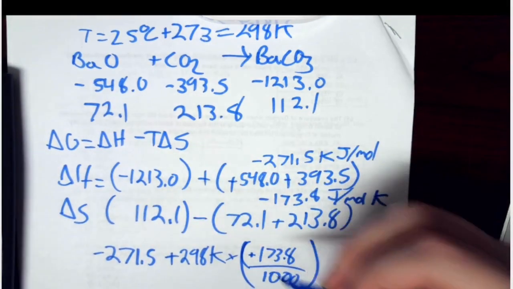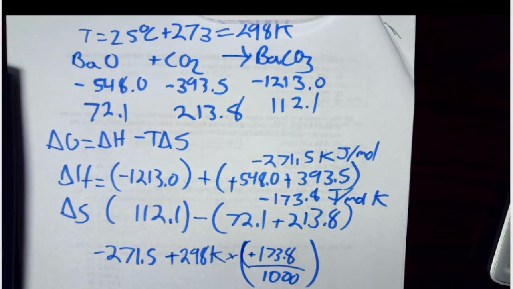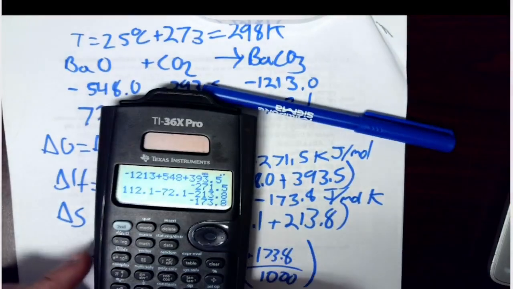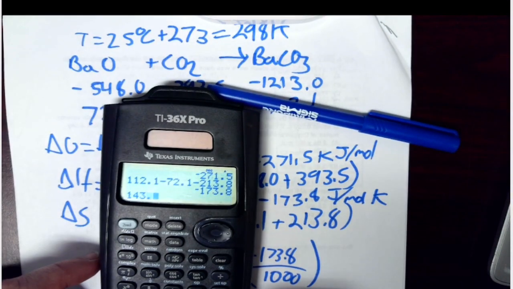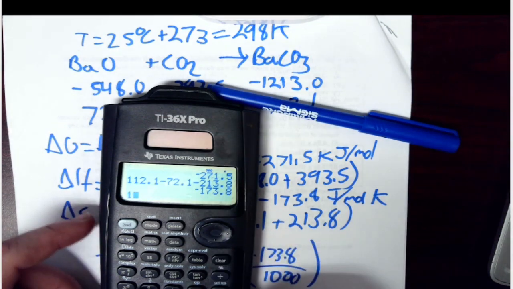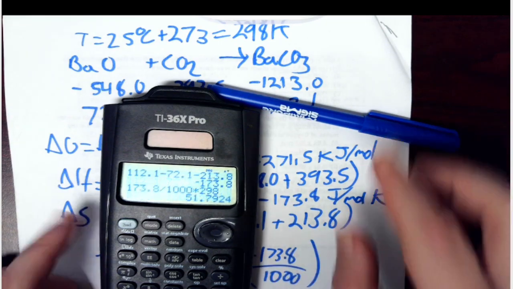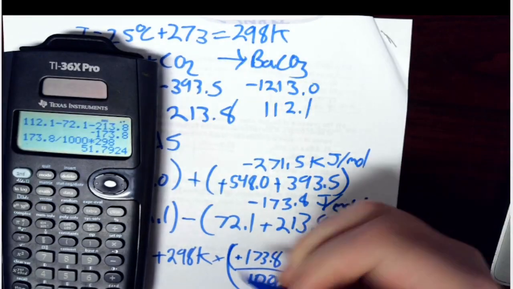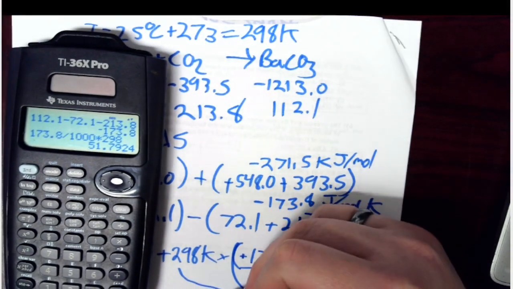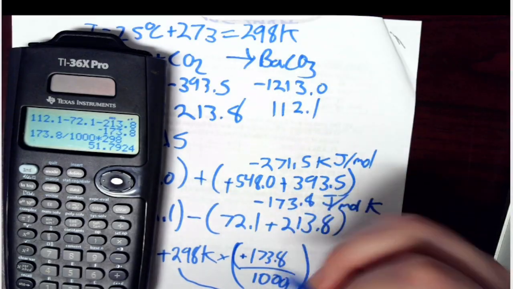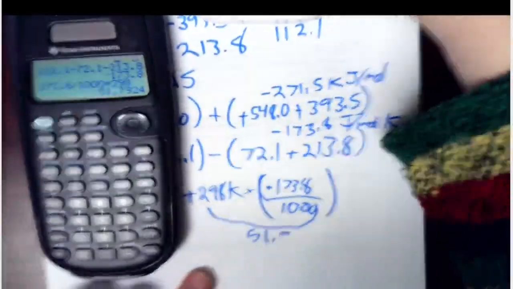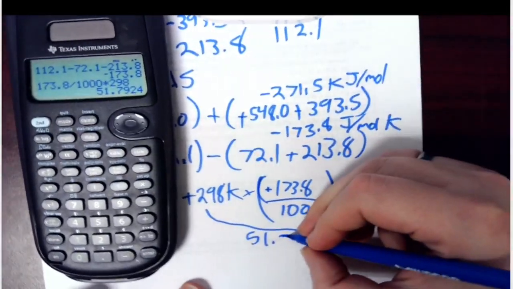So negative makes that a positive. So the 173.8 divided by 1,000, but times 298 makes this whole term 51.79.